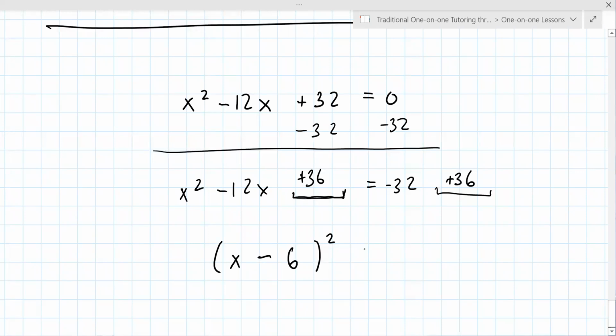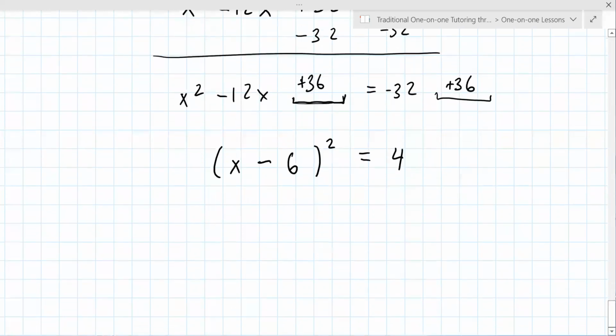Minus. Okay, equals. Now on the right, what is minus 32 plus 36? 4. And then the last step here is to move this over to the other side. x minus 6 squared minus 4.